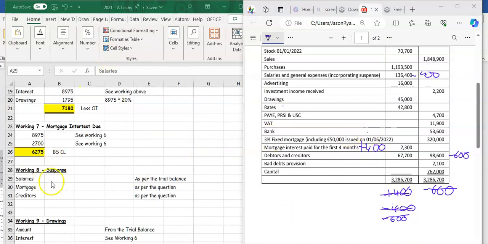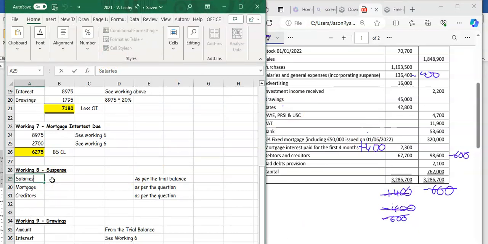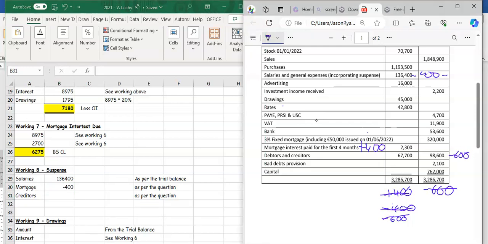So my suspense figure then, I can adjust my suspense figure. So my salaries, as per the question, 136,400. I'm taking away 400 from my mortgage, and then I'm also taking away 600.